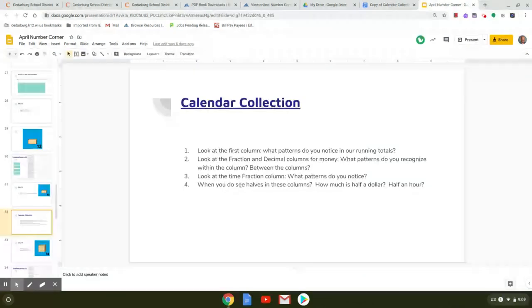So when you see halves, when do you see halves in these columns? How much is a half dollar and how much is half an hour? Well, when we see halves, how much is a half a dollar? Right? It's 50 cents. And when we see half an hour, how much is it? Just 30 minutes.